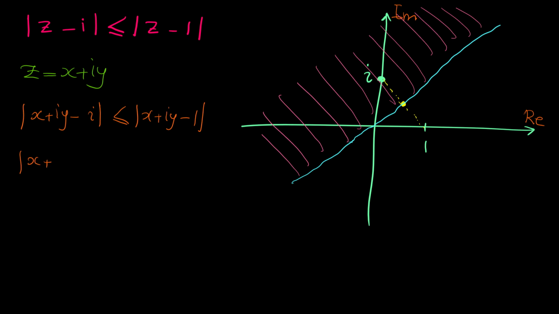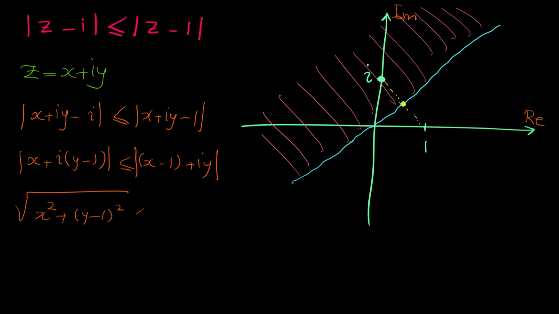If we factor i here, we have i times y minus 1, and on the other side, we have x minus 1 plus iy in the absolute value. Based on the definition, we have the radical of x to the 2 plus y minus 1 to the 2 less than or equal to the radical of x minus 1 to the 2 plus y to the 2. If we raise both sides to the power of 2, these radicals go away.